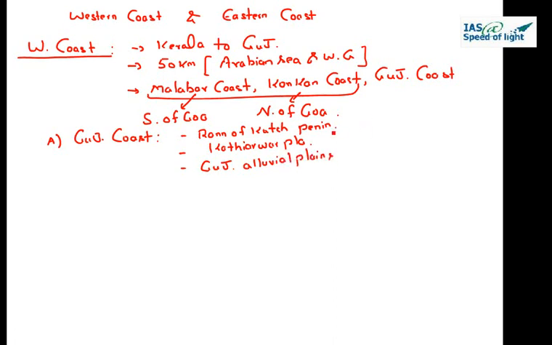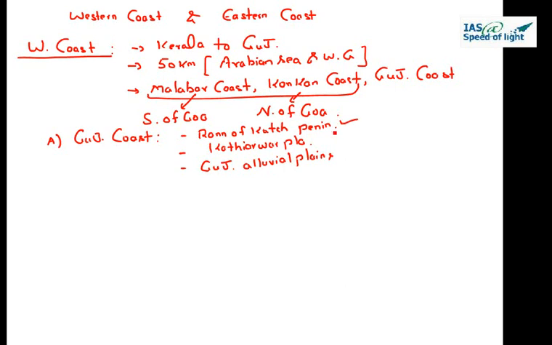The Run of Kutch Peninsula we have already seen. Rivers like Luni and Banas discharge their water into the Run of Kutch, forming inland drainage, particularly during the rainy season. This peninsula displays arid and semi-arid landscapes.